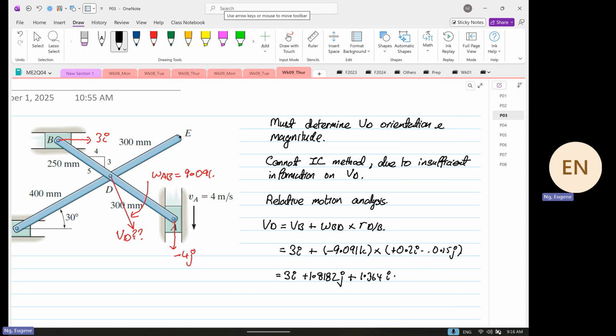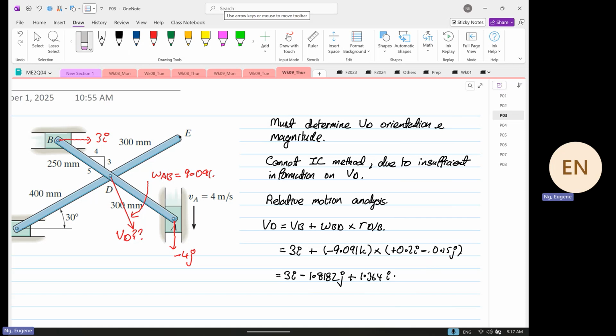And then this is what? Negative. Okay. So K cross I is positive J, so this will become negative. Much better now. Okay. K cross J is negative, and then negative will be positive.